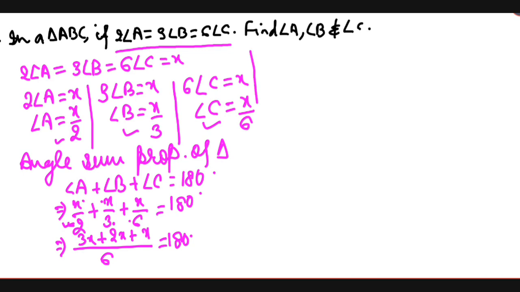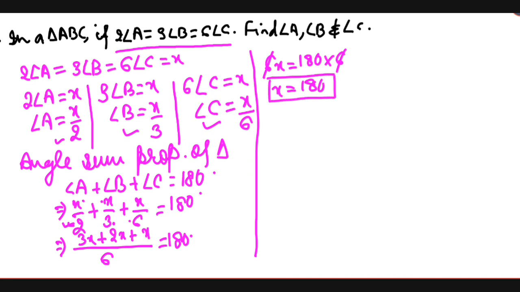Now afterwards we can write it as 3x plus 2x plus 1x is equal to 6x, which is equal to 180 multiplied by 6, where 6 and 6 get cancelled, therefore x is equal to 180. Now let's see what angle A is equal to. Angle A is equal to x upon 2, which is 180 upon 2, which is 90 degrees.